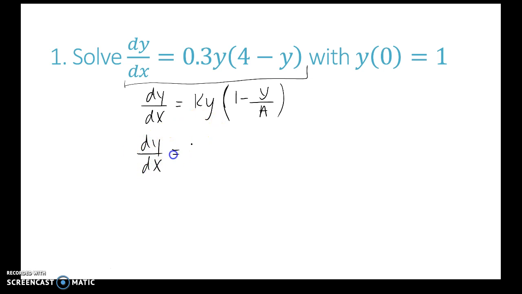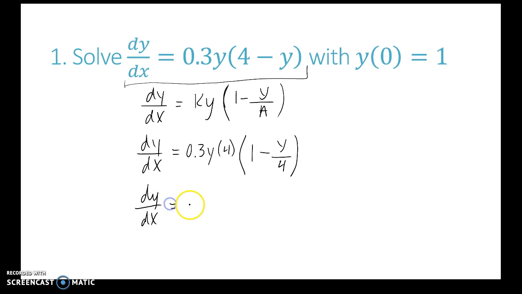So if I look in my parentheses, I need that first value to be 1. So let's factor out a 4 times 4. If I divide each term by 4, I'm left with 1 minus y divided by 4. Multiplying these, 1.2y times (1 minus y over 4).